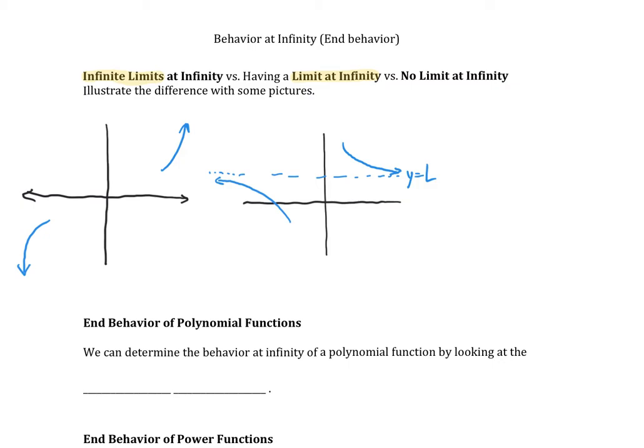In both situations over here, this is saying that your function has a limit at infinity. It's going to some sort of horizontal asymptote. So this is sort of like the horizontal asymptote case. All right. And then what would the third situation be?